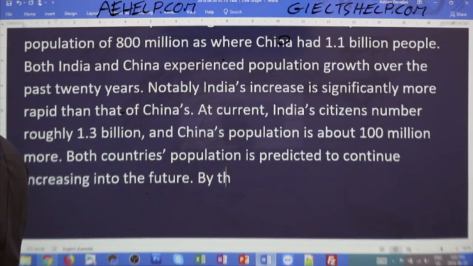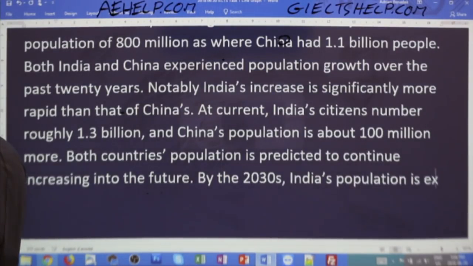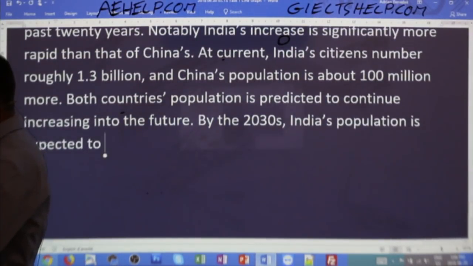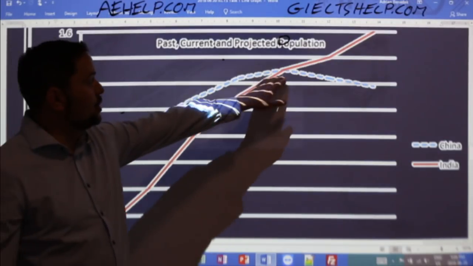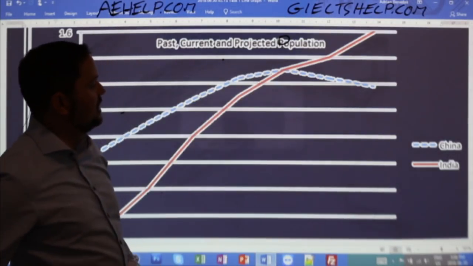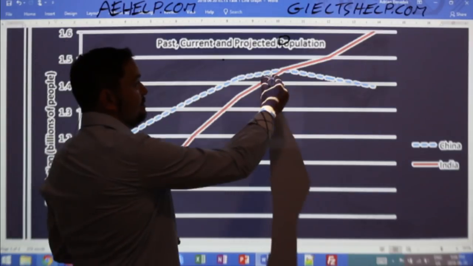By the 2030s, India's population is expected to do what? How should you report this? How should you report this point in the graph? What are the words, or what's the vocabulary for this event that happens here?